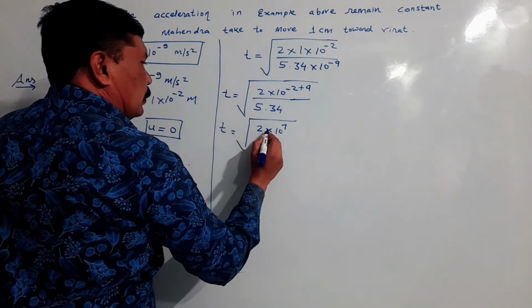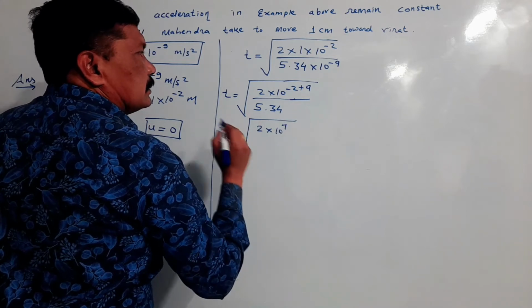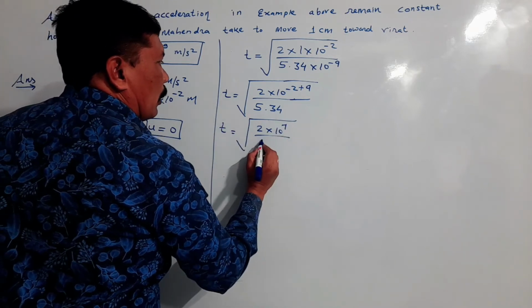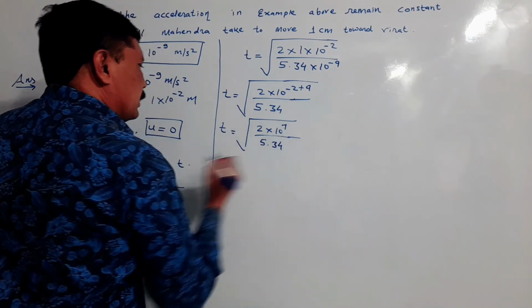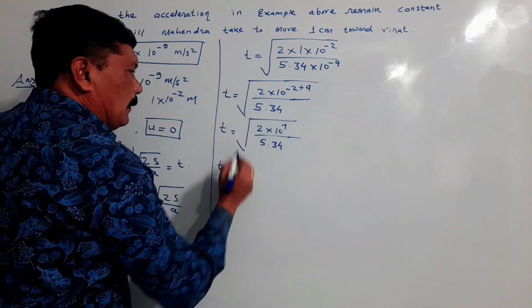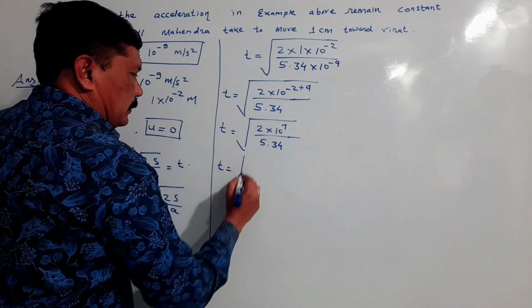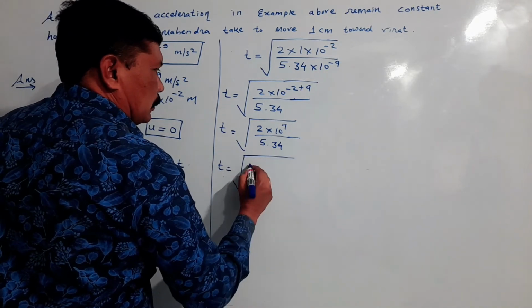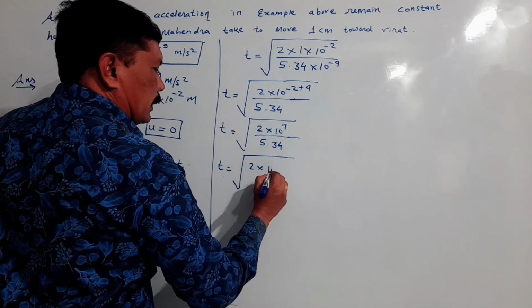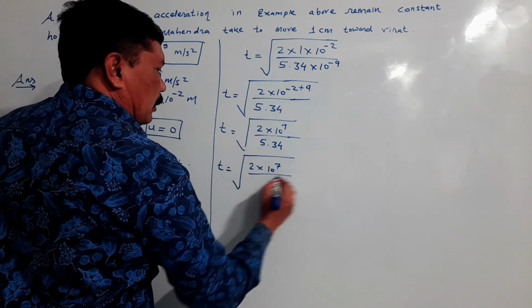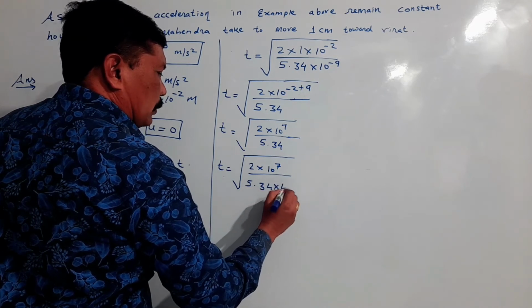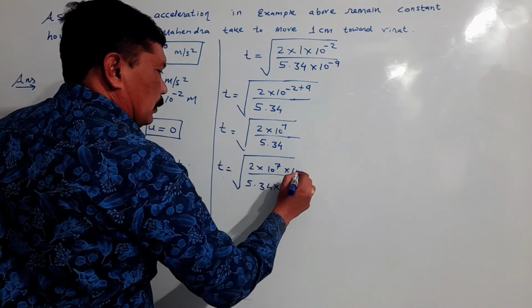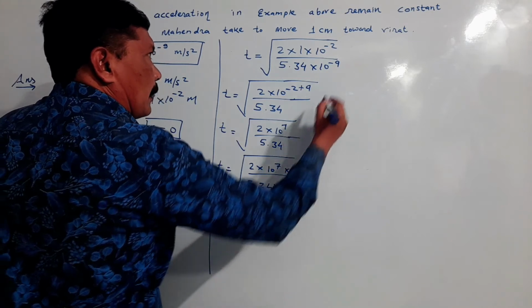So we can write 2 into 10 to the power 7 upon 5.34. My dear student, now we are going to try to remove the point. So we can write t is equal to under root 2 into 10 to the power 7 upon 5.34 into 100 into 100.